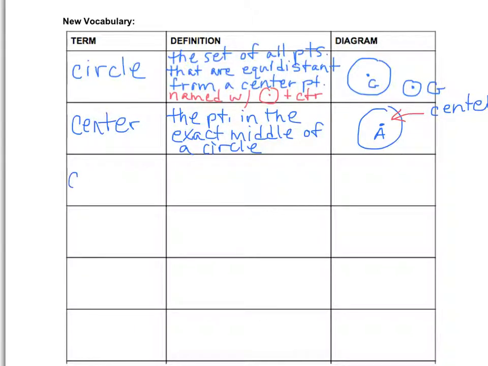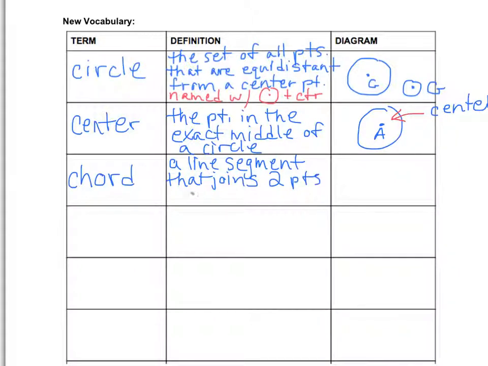After that we have chord, and that's C-H-O-R-D, kind of like a chord in music. But this is going to be a line segment that you find on a circle. And it is going to join at each end of that line segment 2 points on the outside of a circle, so on a circle.